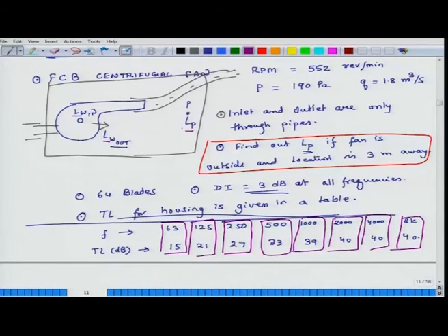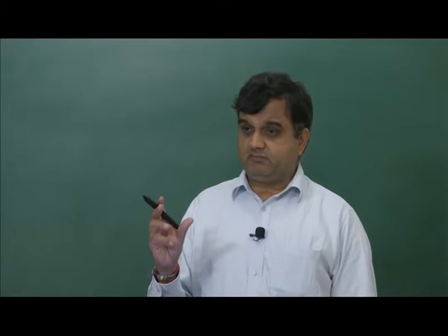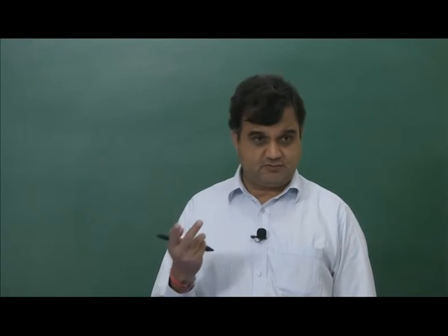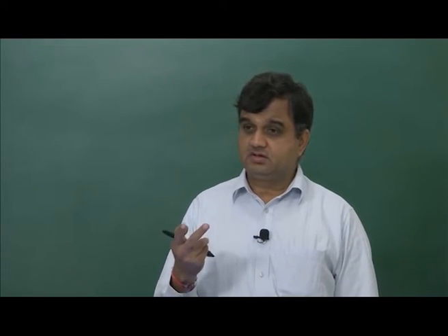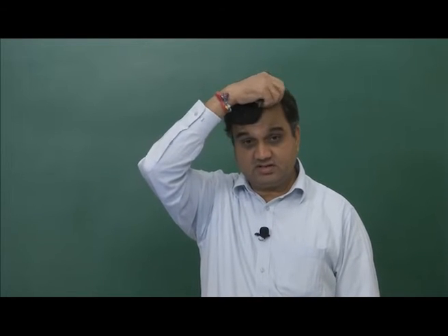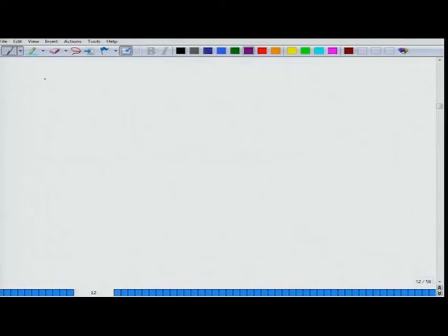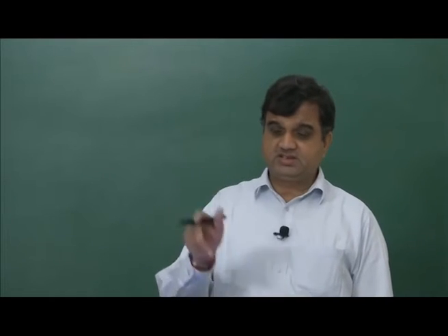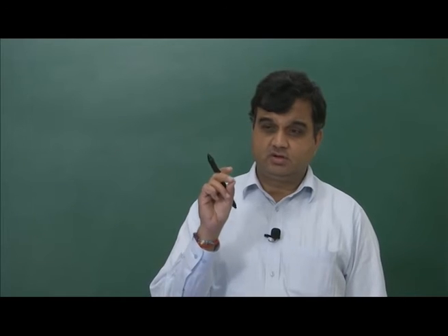I had said that this fan will produce two different types of noises. One is tonal noise, and the other one is broadband noise. So, let us look at tonal noise. What is the frequency of that tonal noise? It will be the number of blades times rotations per second.